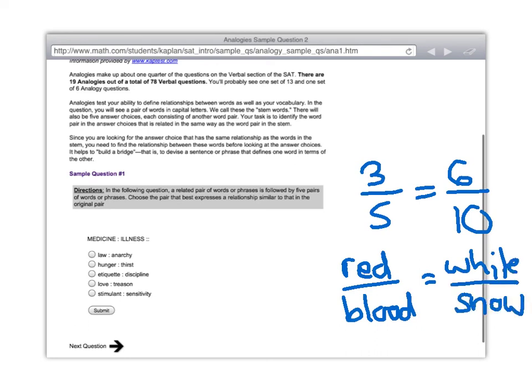These reminded me of analogies, and I was looking up some analogies in sample SAT questions, and I found this one. Medicine is to illness as blank is to blank. I want you in the form to submit your response as to which of the following statements fits this analogy. Make sure you submit that in the form when you get to it.